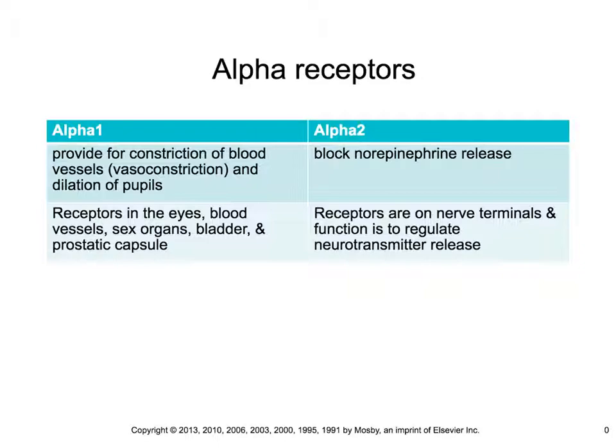The alpha 1 is found in the smooth muscle tissue of the peripheral blood vessels and the sphincters of the GI and the GU system, so the gastrointestinal and the genitourinary system. The alpha 2 receptors are not big players in terms of the drugs we will be studying here.